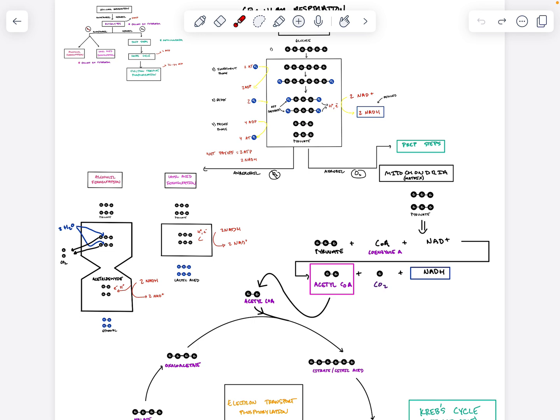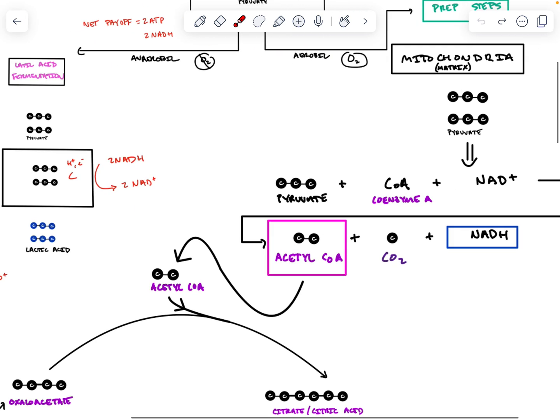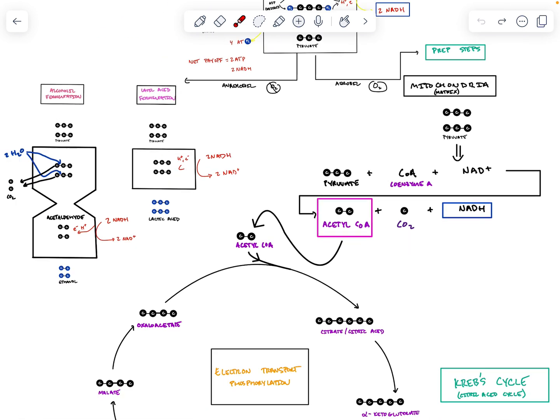And here we have pyruvate, which was the product of glycolysis, enters the Krebs steps. So one pyruvate molecule joins with something called coenzyme A and NAD plus to form acetyl-CoA, one molecule of CO2, and one NADH.